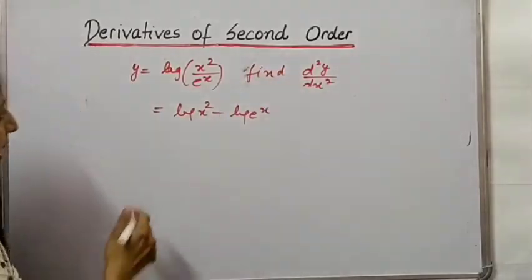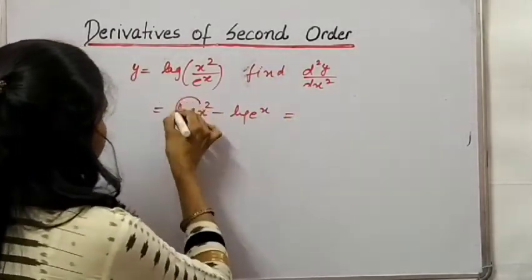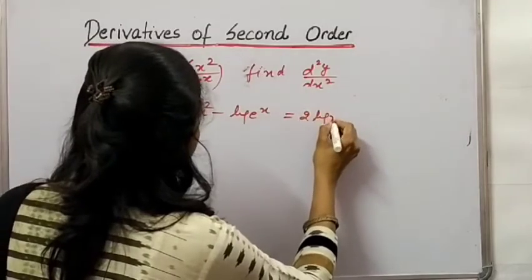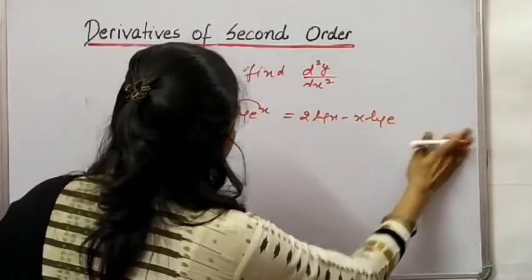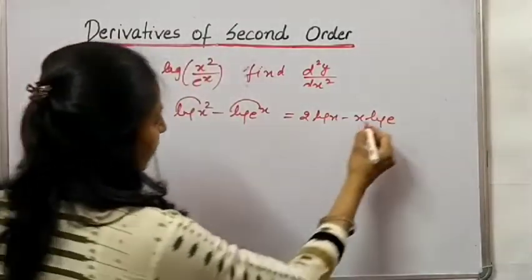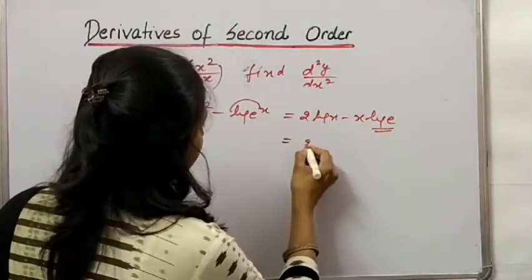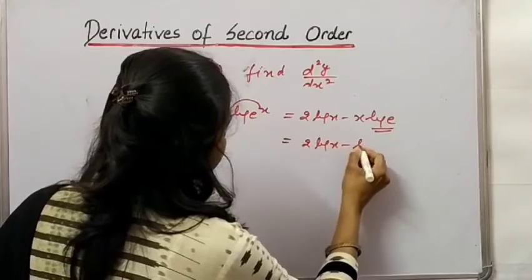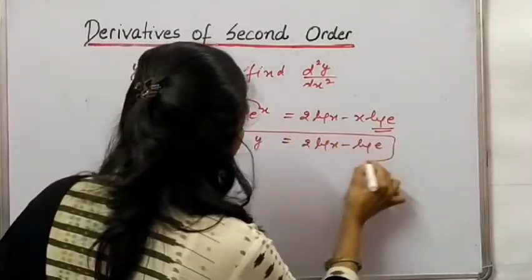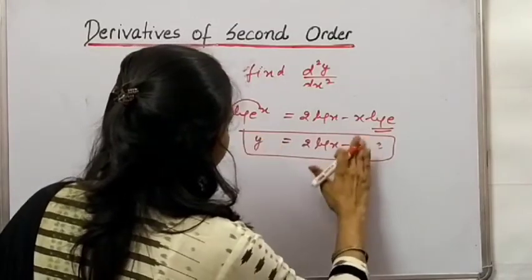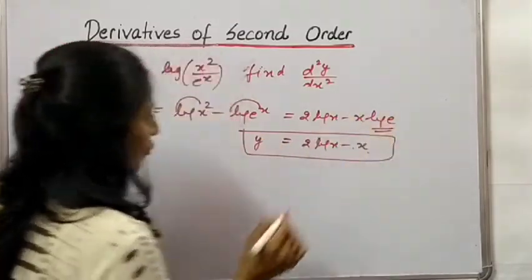And we can write it further as 2 log x minus x log e, and we know log e is 1. So our y is 2 log x minus x, because log e is 1.